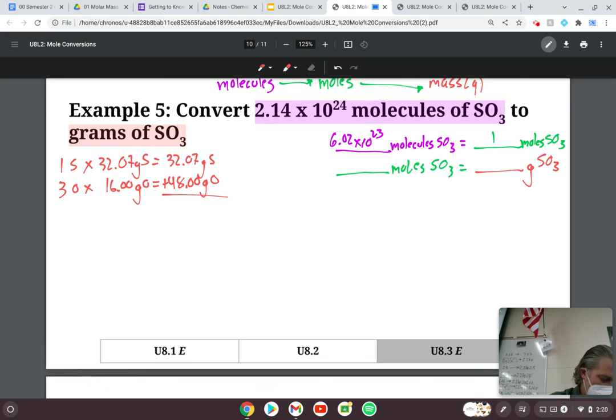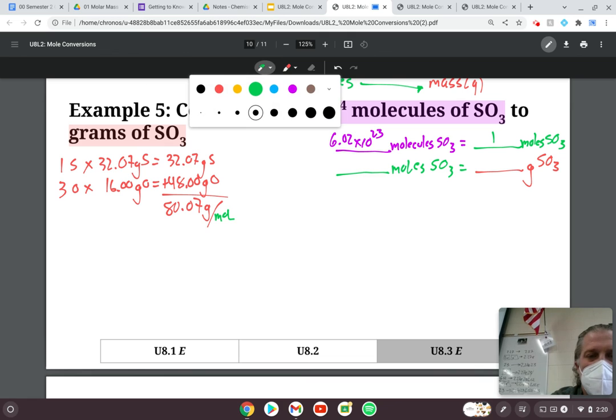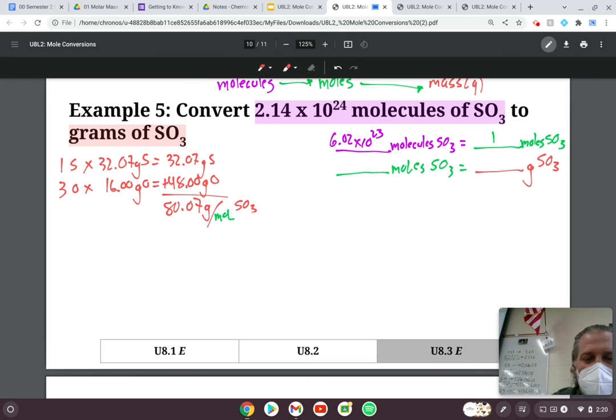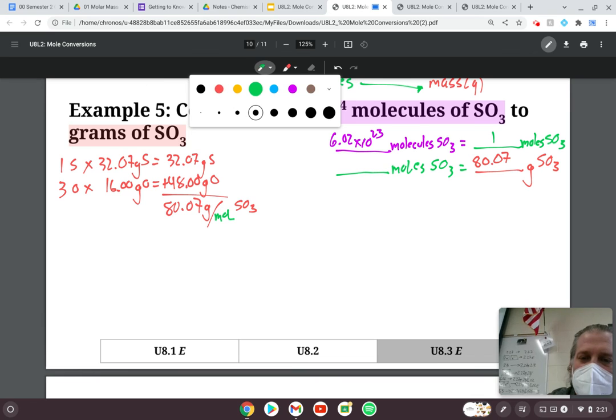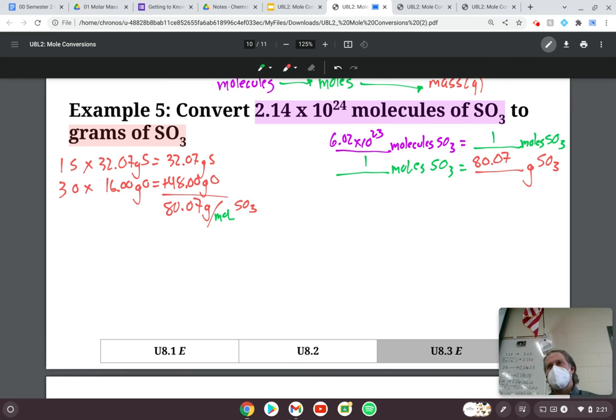So I've got the 48 plus the 32.07, and we get something like 80.07 grams per mole of SO3. So that tells me that if I have a pile of 80.07 grams of SO3, I have 1 mole of SO3.